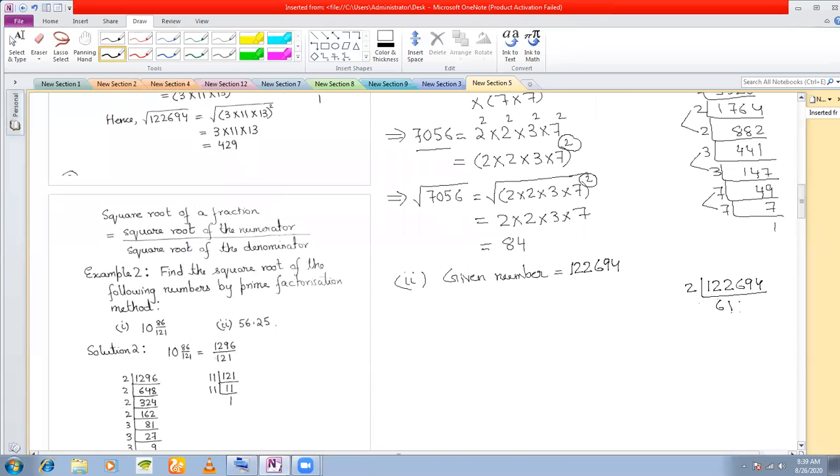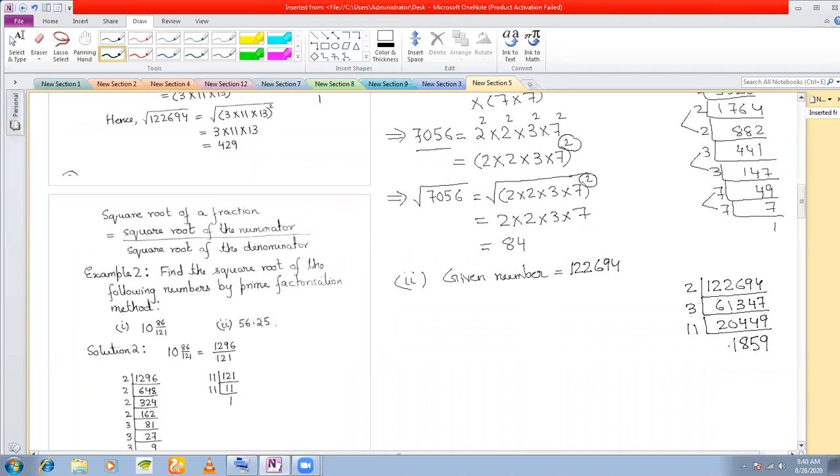So this will give you 61347, and then this is again divisible by 3, giving 20449. And you try all the numbers. This one is not divisible by 3, 4, 5, 6, 7, 8, 9, 10, but it is divisible by 11.